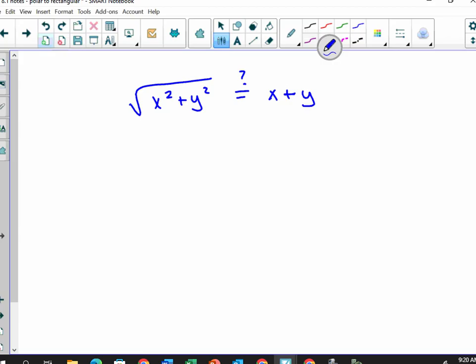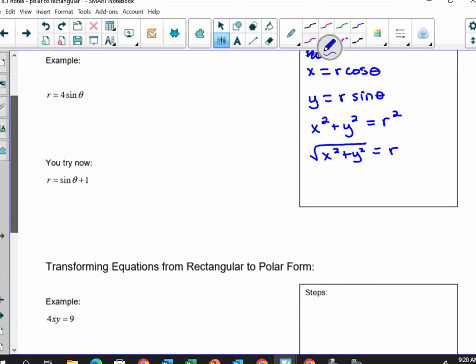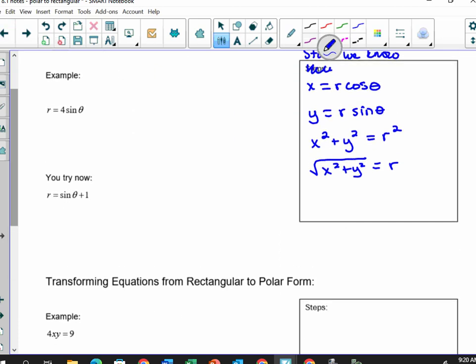No. Square root of 13 does not equal 5, right? Exactly. You can't take square roots of individual terms. Under a radical, it has to be a square root of a whole factor that you can pull out. So we would not be doing any other simplifying to that. If you have square root of x squared plus y squared, that's just what it is.